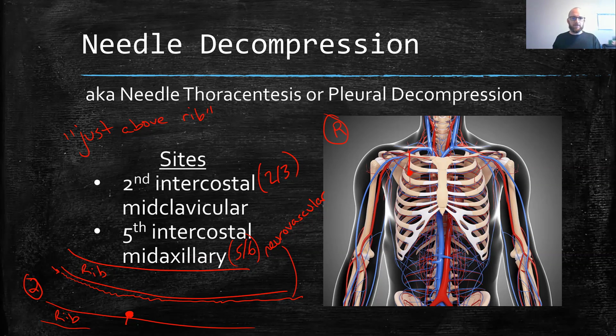And putting that needle in just above the bottom rib, mid-clavicular on the affected side, or fifth intercostal mid-axillary on the affected side. We don't want to needle decompress the wrong side. Whichever side has the absent breath sounds is where we're trying to relieve that air pressure from.